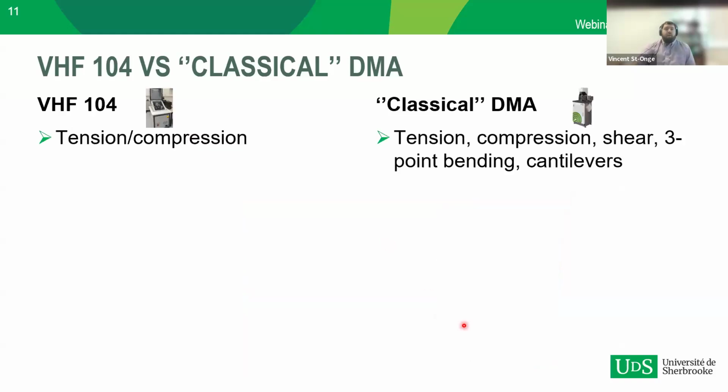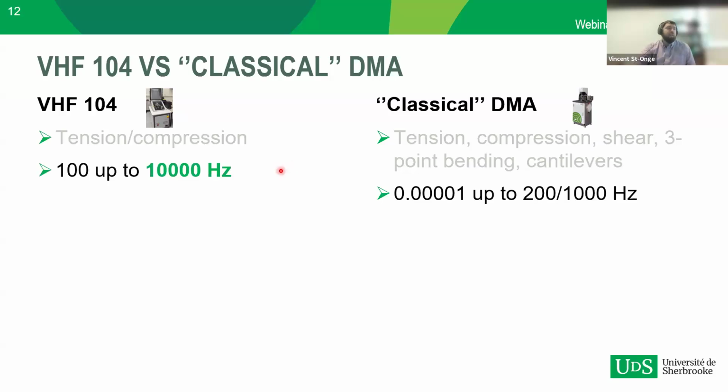In terms of the variety of deformation you can apply, the VHF-10-4 is limited to tension and compression, whereas the classical DMA would allow you to perform tension, compression, shear, three-point bending, or even single and dual cantilever deformation types. So for sure, a classical DMA might seem more versatile, but there's a very good reason why the VHF-10-4 is also a very interesting instrument.